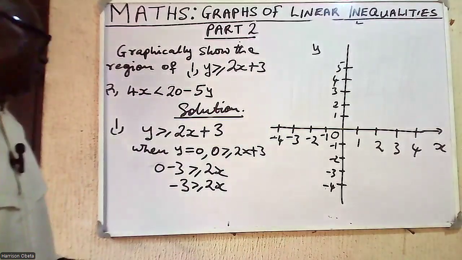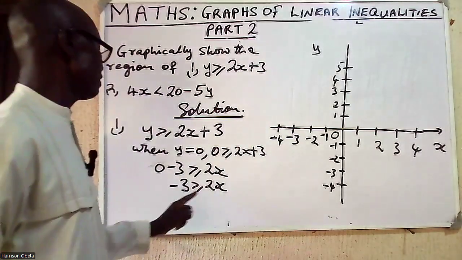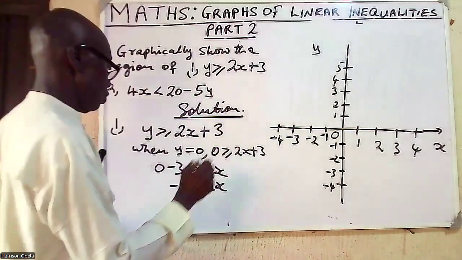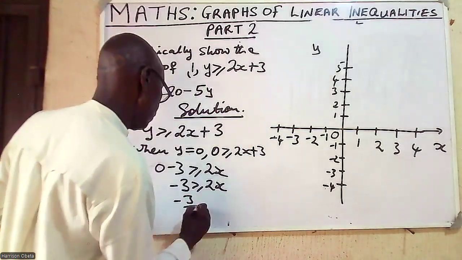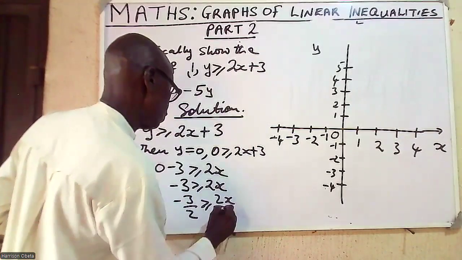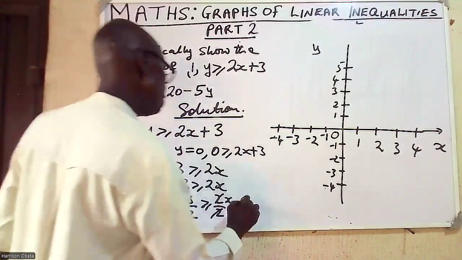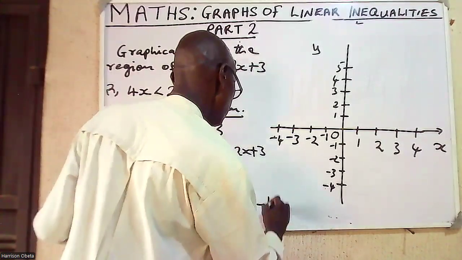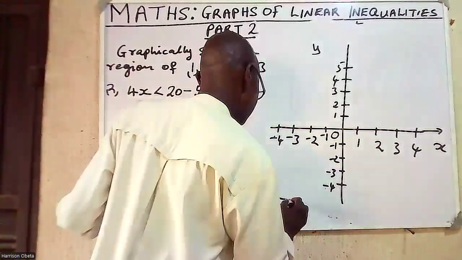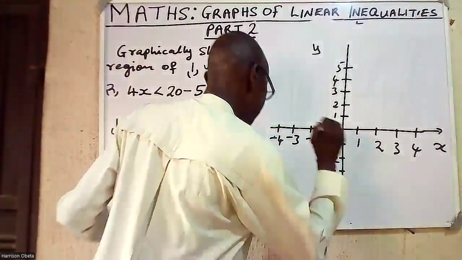So what am I now going to do? I have to divide both sides by 2, because I need the value of x, not 2x. So minus 3 over 2 is greater than or equal to 2x all over 2. We divide, and this will lead us to minus 1.5 is greater than or equal to x.